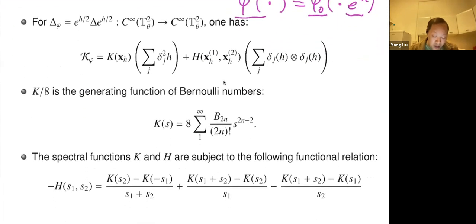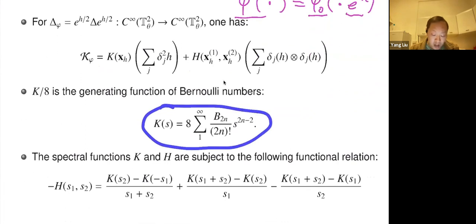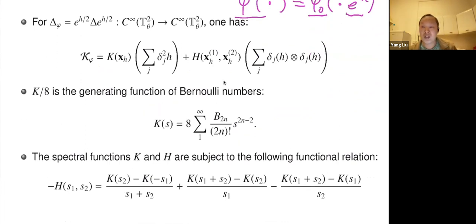So again, the interesting feature is about the underlying spectral functions of this rearrangement operator. For example, for the one variable function, you can see the generating function of Bernoulli numbers in this.